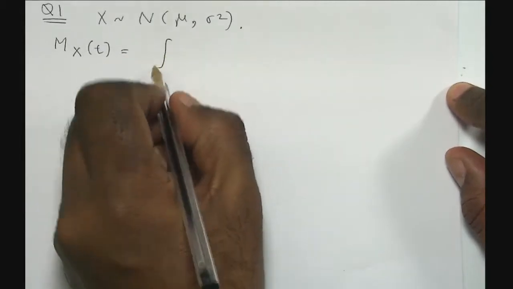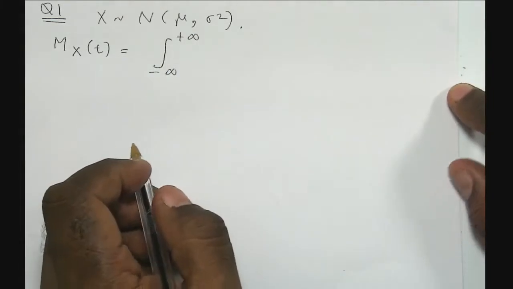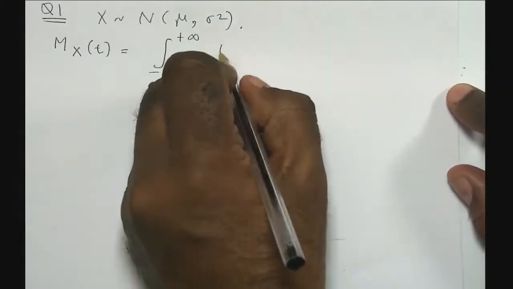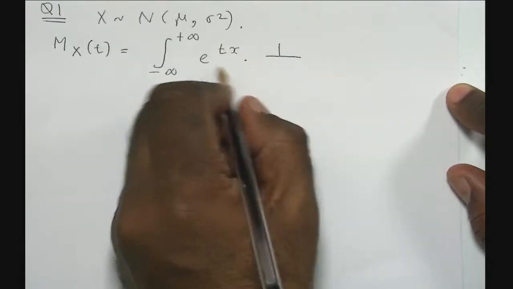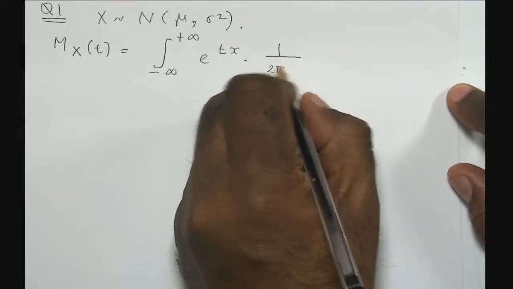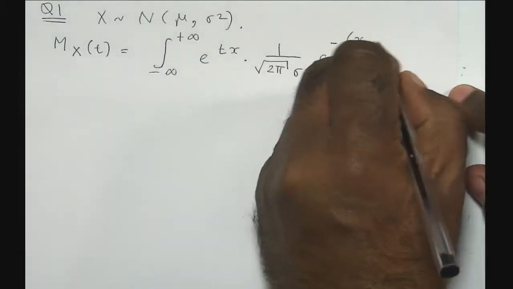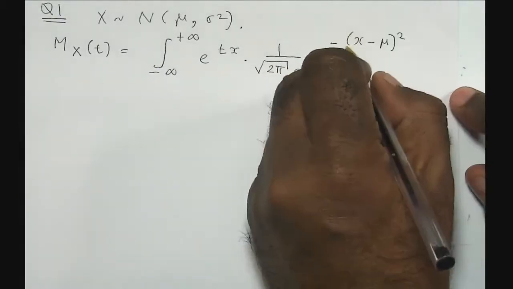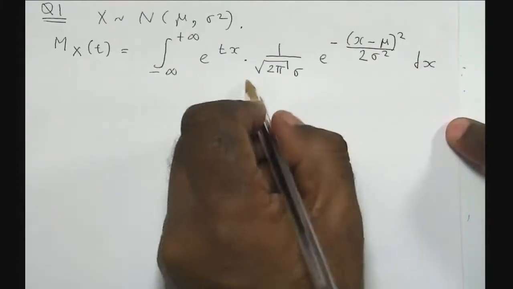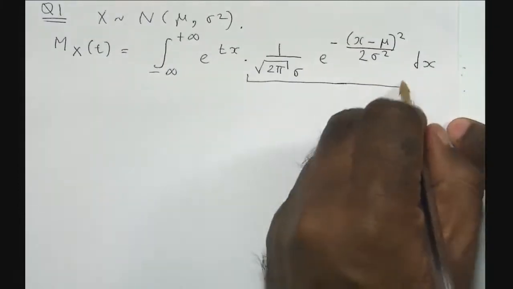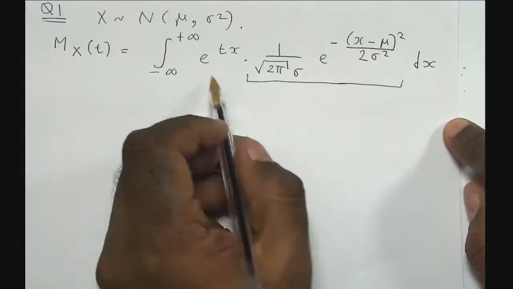Since the normal distribution is a continuous distribution, we use the continuous definition of an MGF, which is this guy here multiplied by the PDF. Remember, this is the continuous definition of an MGF, this multiplied by the PDF.